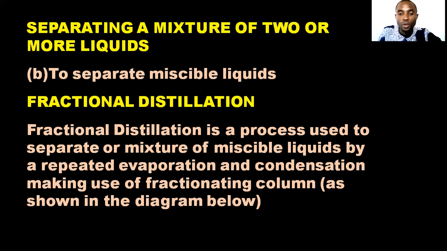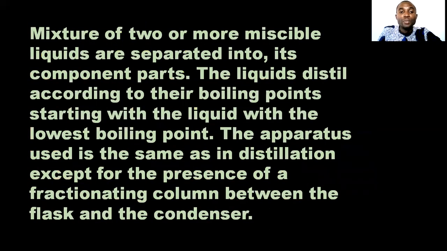Fractional distillation is the process used in separating mixtures of miscible liquids by repeated evaporation and condensation, making use of a fractionating tower or column, which we use in industries. The mixture is separated into its component parts based on their boiling points. The liquids distill according to their boiling points.